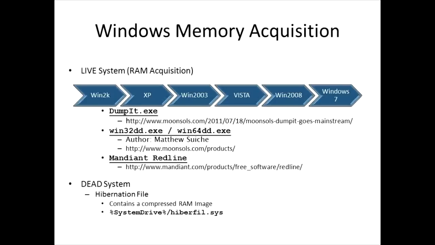Moonsols is actually the company that was put together by Matthew Sweesh, who also wrote Win32 and Win64DD, which you also see listed here. But Dumpit basically takes the functionality of Win32 and Win64DD and puts it into a nice wrapper.